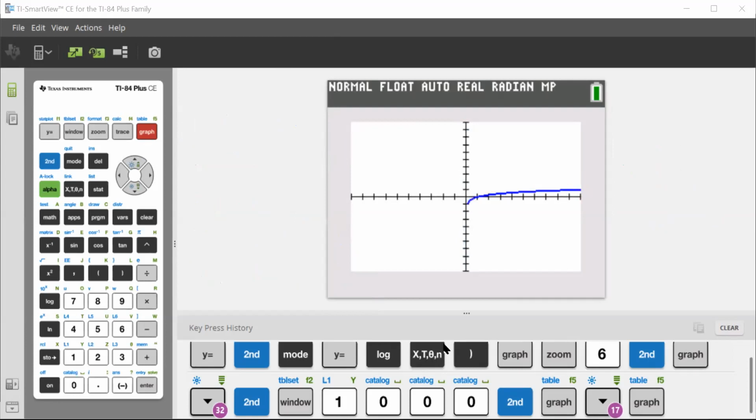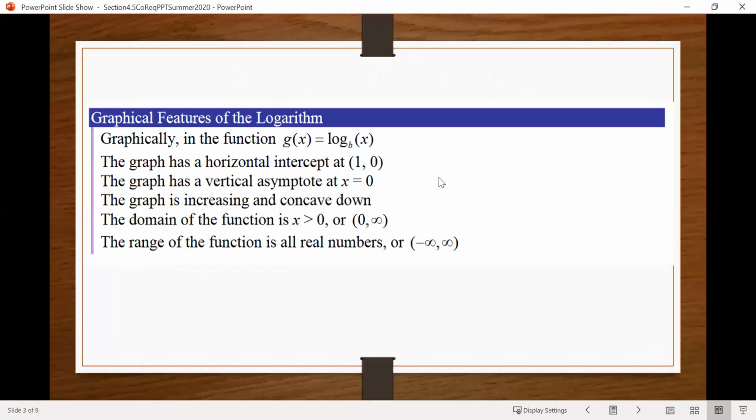All right, so going back to our PowerPoint, let's look at a slide that summarizes this information. Notice here that they talk about the graph of log base b, so the base could be anything. But regardless of what the base is, we see these same things for the graph of the function log base b.